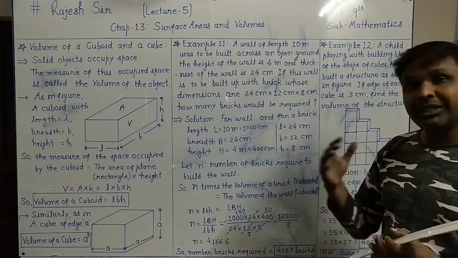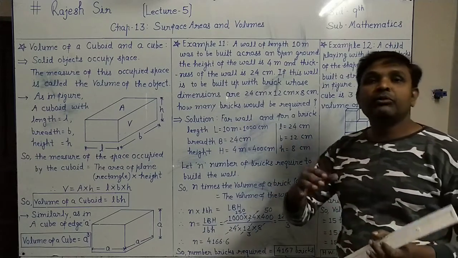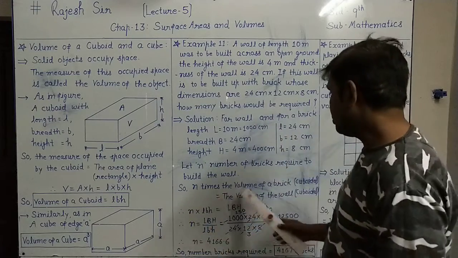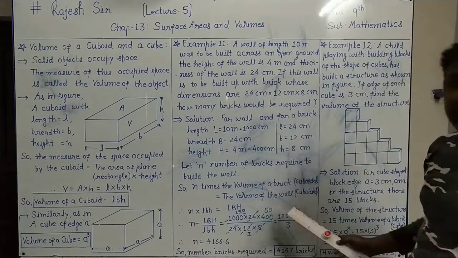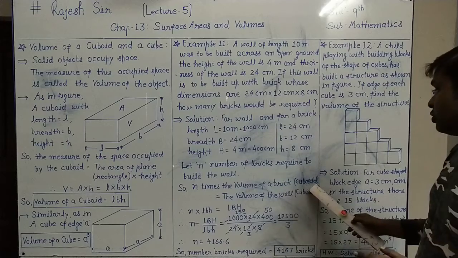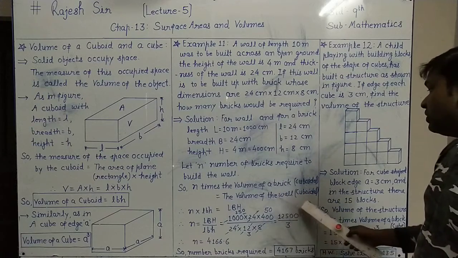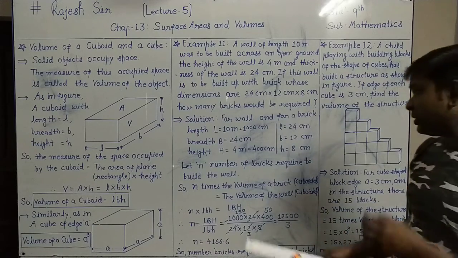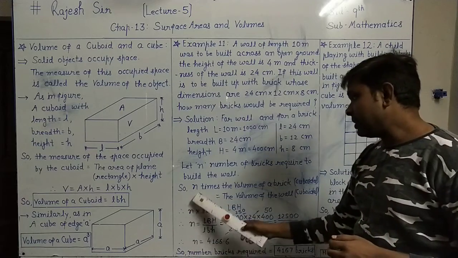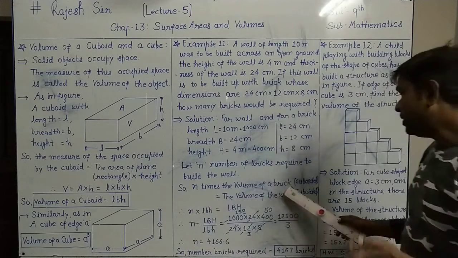Because from n bricks we have built the wall, n times the volume of a brick is equal to the volume of the wall. Here the brick is also cuboidal in shape, and the wall is also cuboidal. So we use the formula: n times the volume of brick.